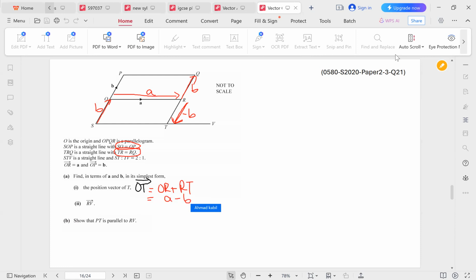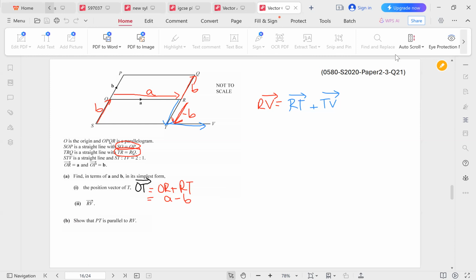Next, we are required to find vector RV. So to find vector RV, we move from R to V. Now moving from R to V would be RT plus TV. So this would be RT vector plus TV vector.